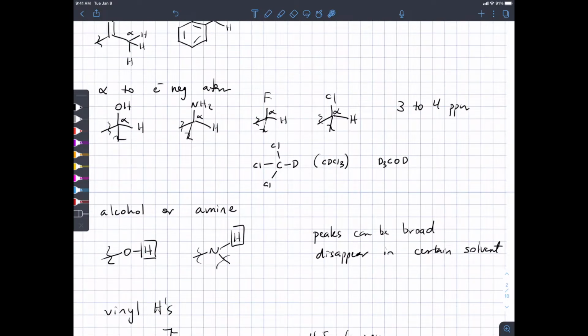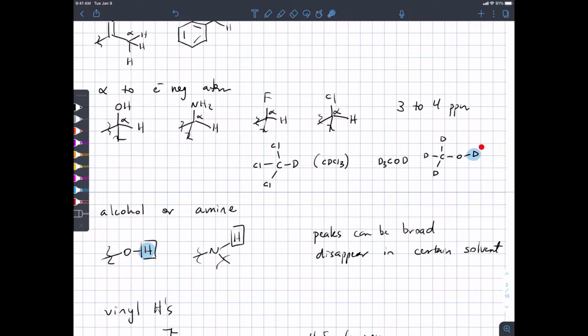If your solvent has, like deuterated methanol here, a bond between oxygen or an electronegative heteroatom and deuterium, that deuterium can exchange with this proton via hydrogen bonding. We talked a long time ago about hydrogen bonding and how it's very flexible as to which proton goes with which oxygen, and they can trade a lot.